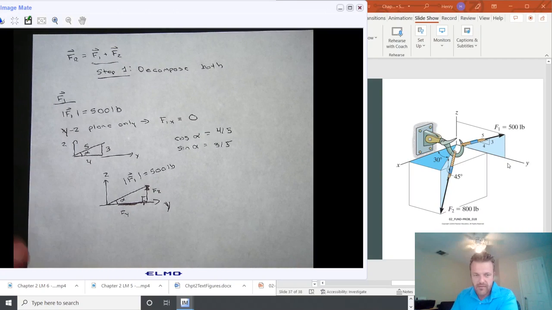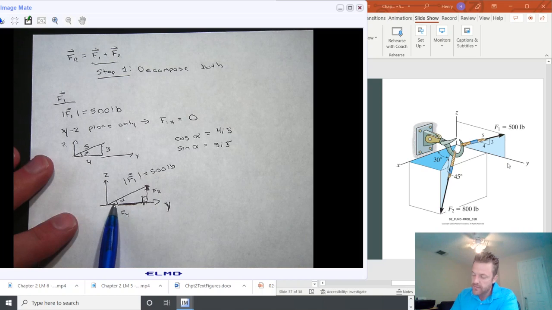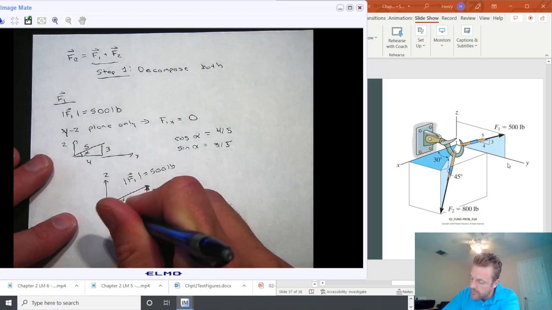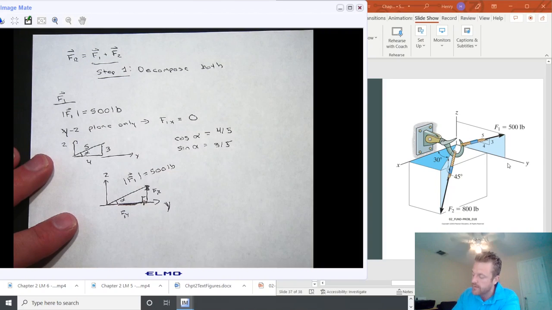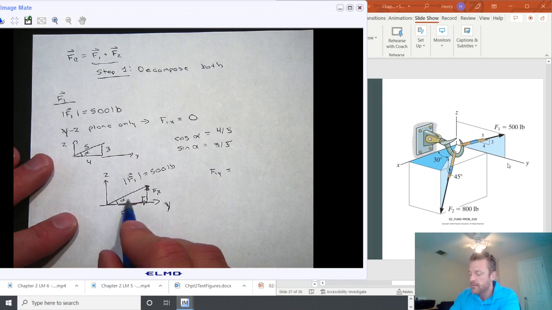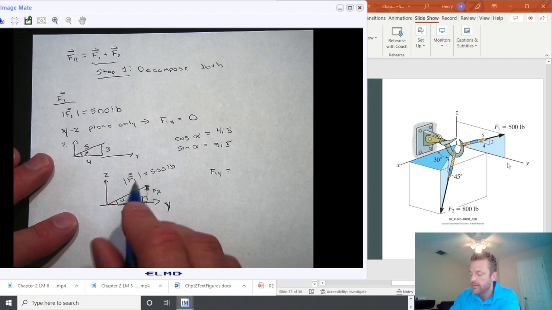So again, I hope everyone is getting to the point where they can see that cos alpha, adjacent divided by hypotenuse, is going to be the ratio of the y component of this force. And I'll add in little ones in here, F1y, F1z. So I know that cosine of alpha is F1y divided by F1.